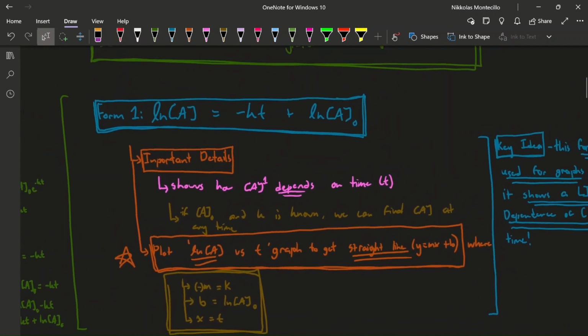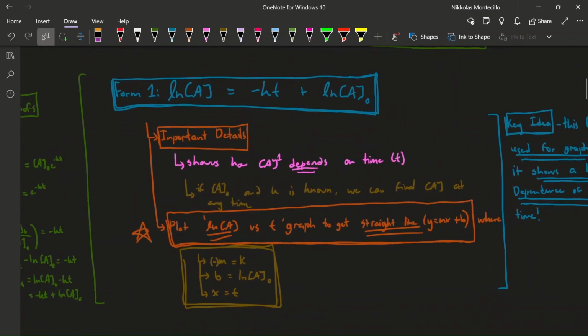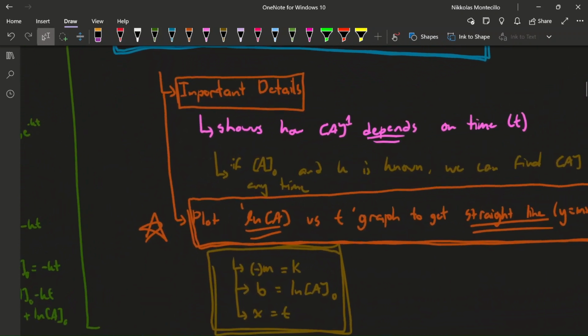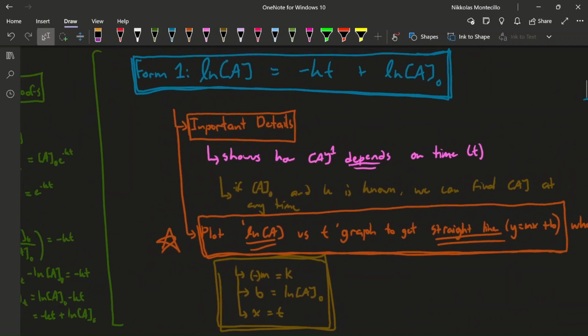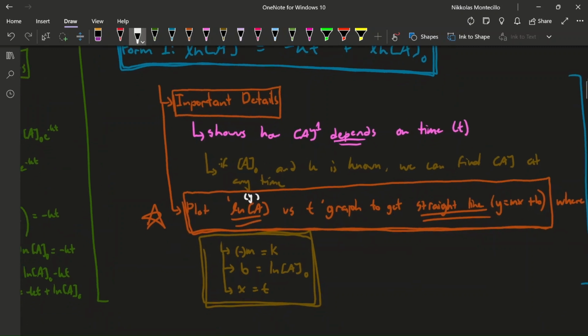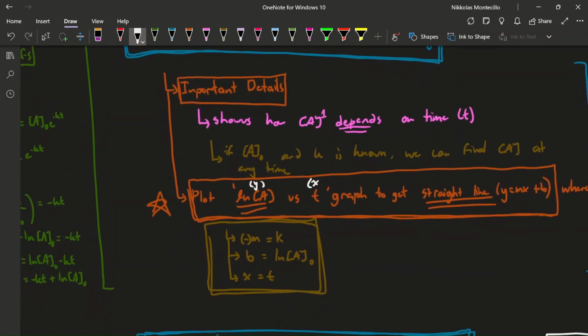Now, what we usually want to do with this formula is plot the natural logarithm of the concentration of A against t. So the natural logarithm of the concentration of A is y, and t is considered x, the independent variable.